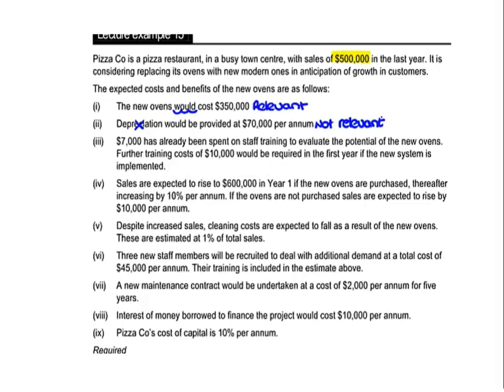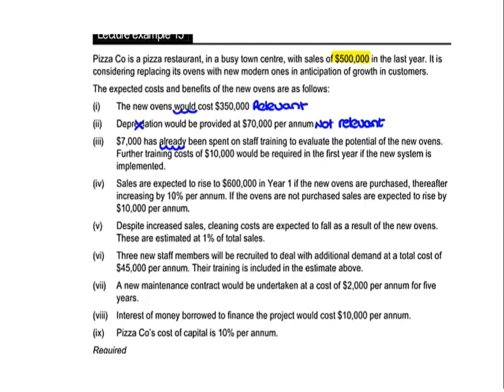Staff training then, we've got two things here with staff training, and in point 5 of the requirement we have to consider the staff training costs of 7,000 and the staff training costs of 10,000 in point 3. So 7,000 has already been spent on staff training.